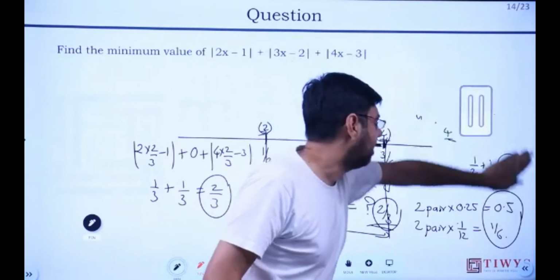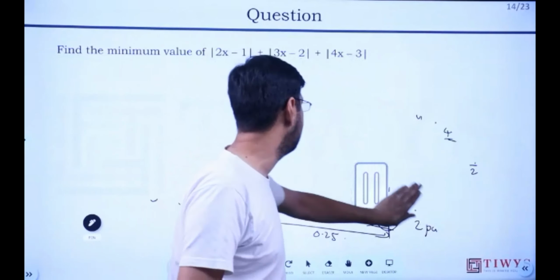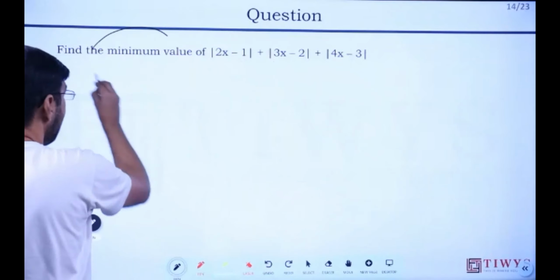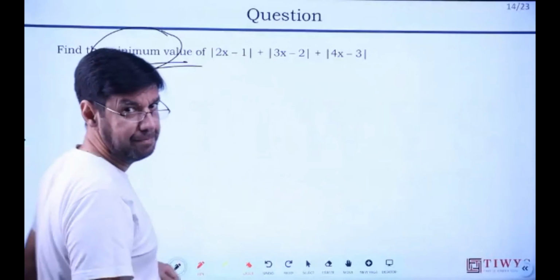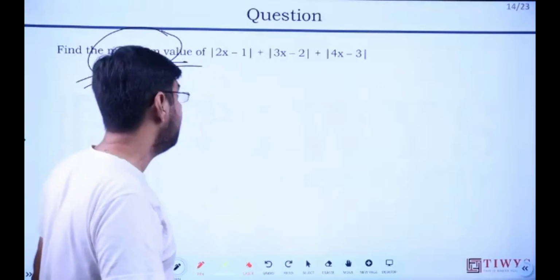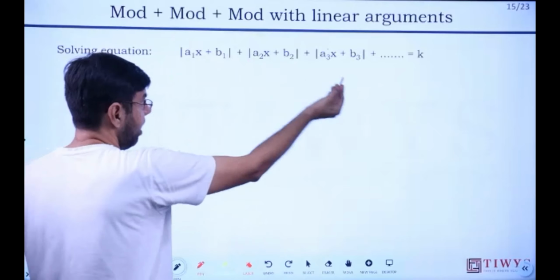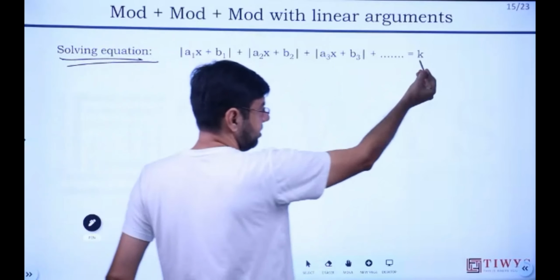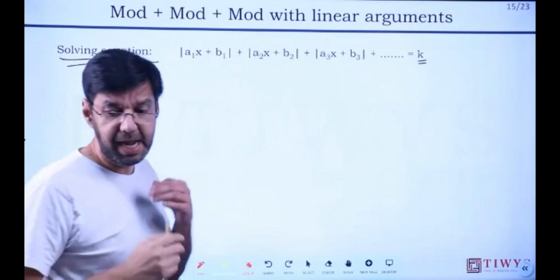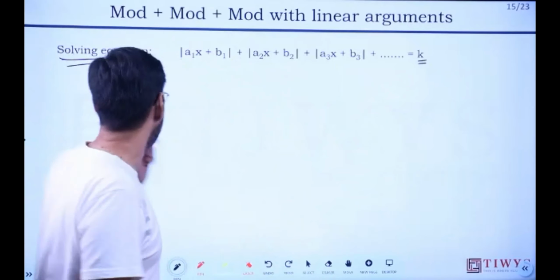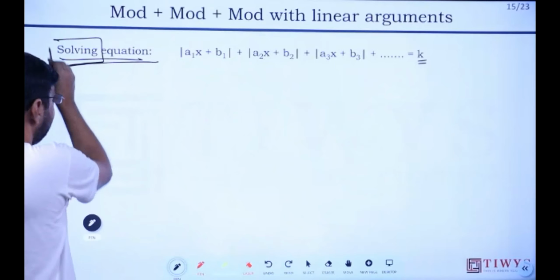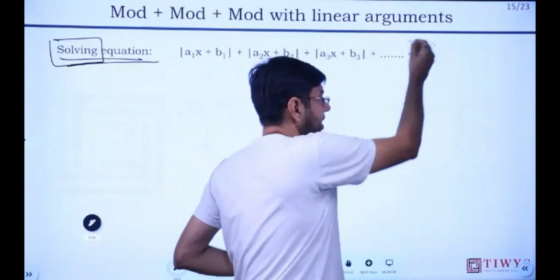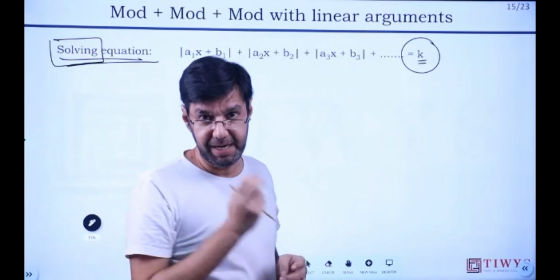So this comes up now, students. The problem is, I don't know how else to do it. I explained all of them with minimum value, but then we have an equation also. If the question comes to solve an equation like this, there's an equality at the end, no minimum or maximum.